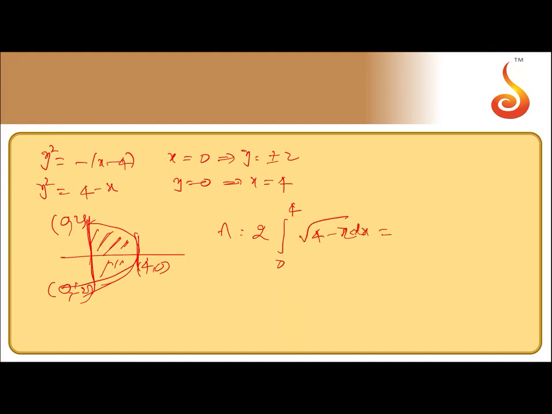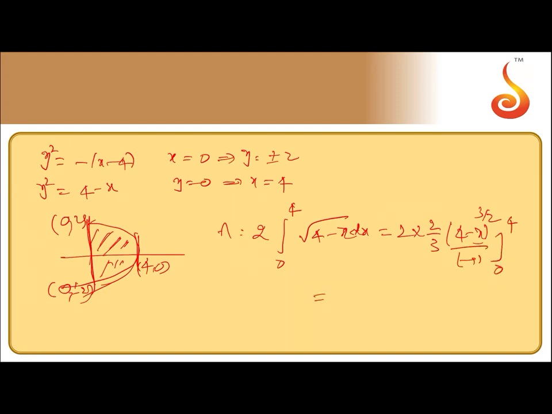Integrating root x gives 2 by 3. So 2 multiplied by 2 by 3, multiplied by (4 minus x) to the power of 3 by 2, with minus sign by minus 1. The limits are from 0 to 4.